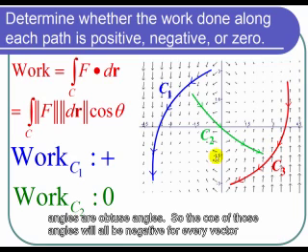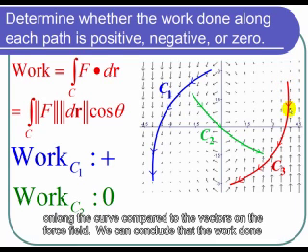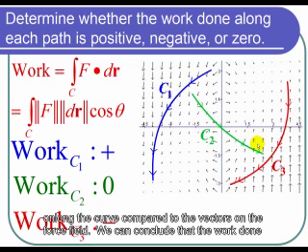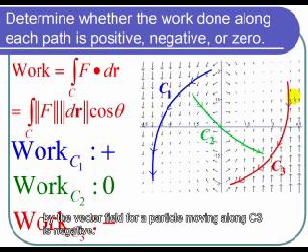So the cosine of those angles are all going to be negative for every vector along the curve compared to the vectors on the force field. So we can conclude that the work done by the vector field for a particle moving along C3 is negative. And I'm done with the problem.